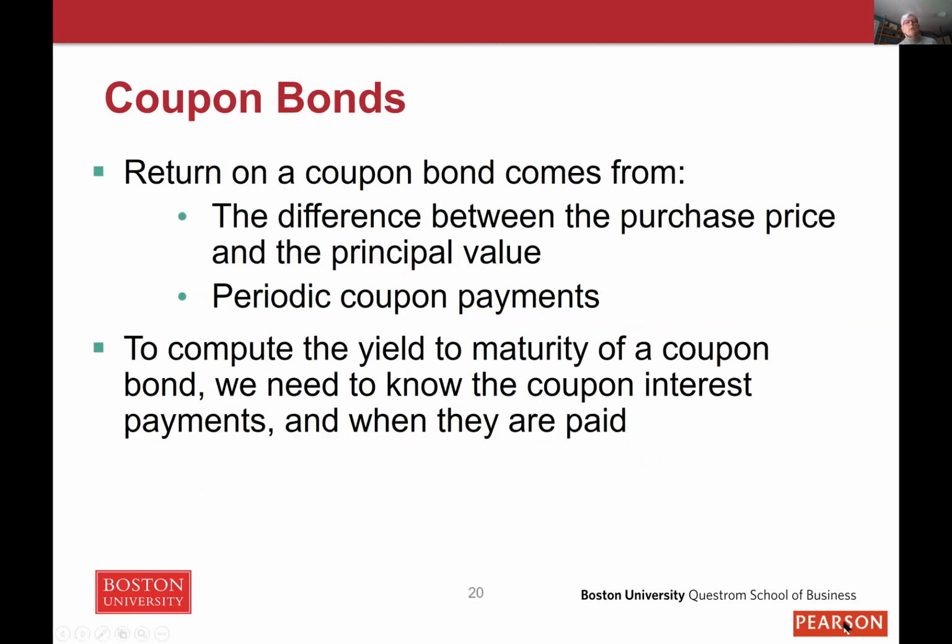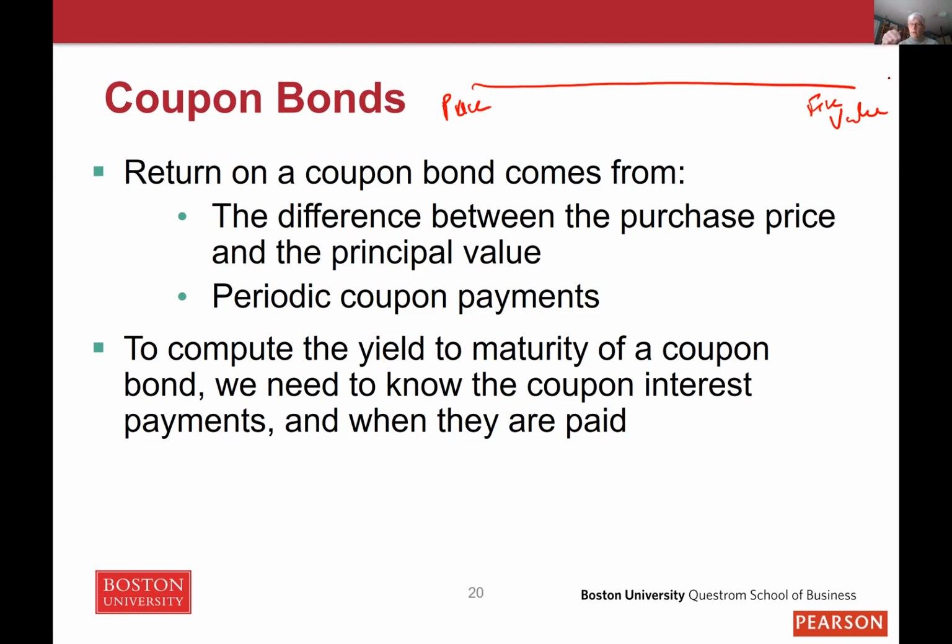So if you're an investor and you invest in a coupon bond, you're getting your return from two places. You're getting your return from the difference between the amount that you pay, so you pay an amount right here for your price, and you get your face value at maturity. And the difference between those is going to be part of your return. Now, with a coupon bond, you sometimes pay more than the face value.